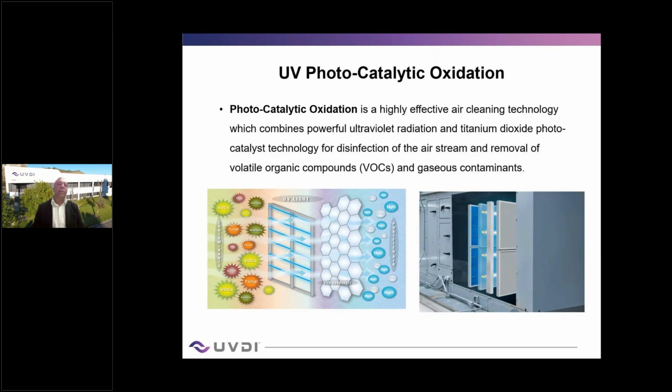Titanium dioxide is a readily occurring catalyst, and all these VOCs are converted into harmless carbon dioxide and water. That's really the basic principle. Most of these PCO solutions can be integrated into a design inside your air handling system, where you can have a bank of UV lights with photocatalyst around the UV lights to get activated.